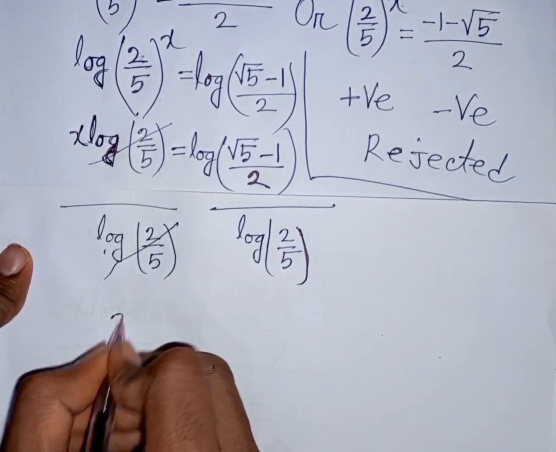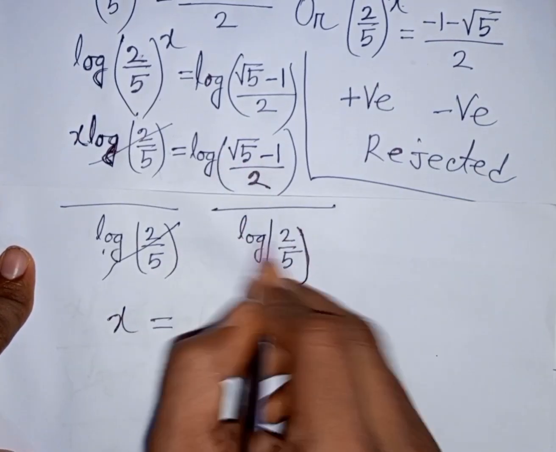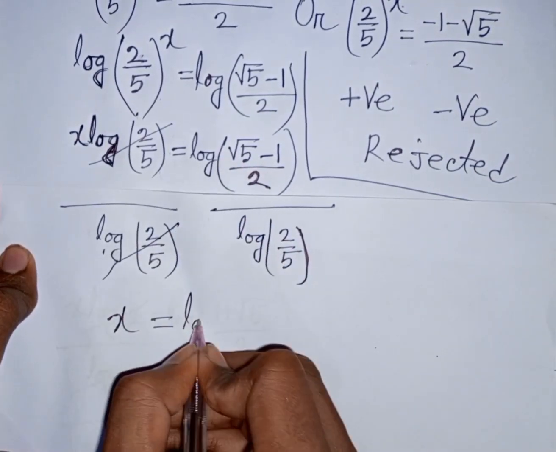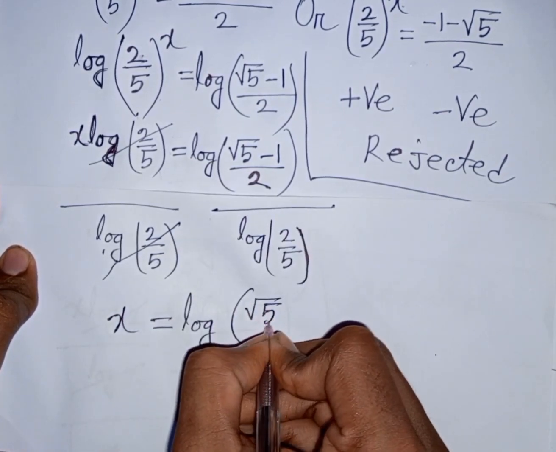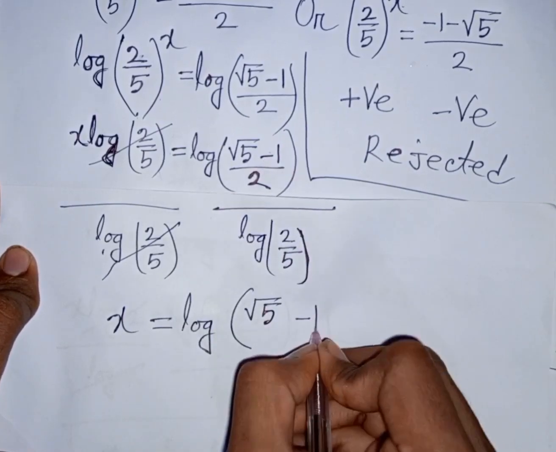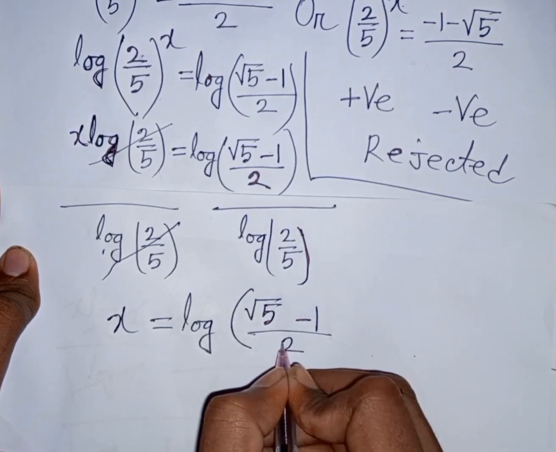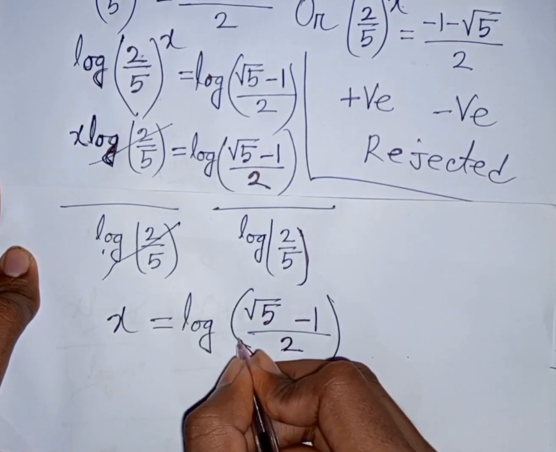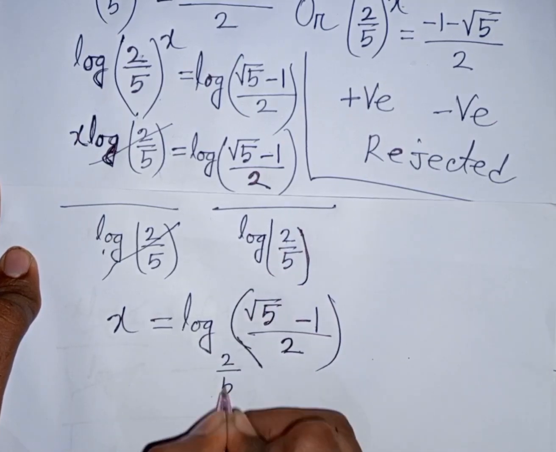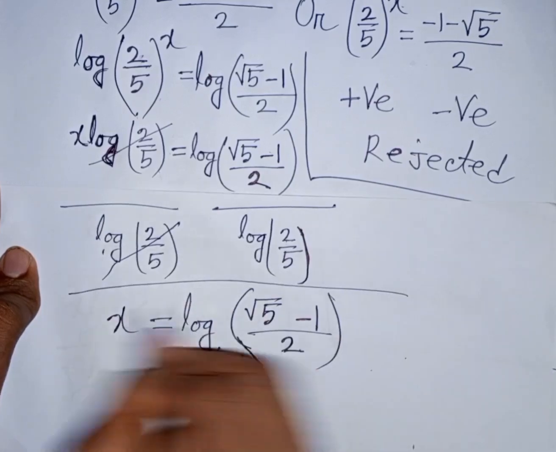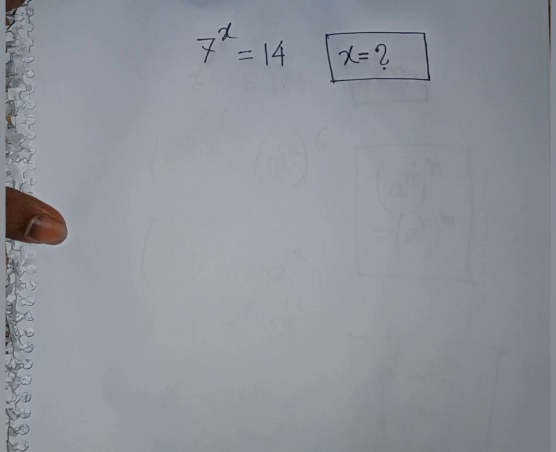So here x will be equal to this divided by this, that means it will be log of square root of 5 minus 1 over 2, base of 2 by 5. So this is the value of x, so this is our final answer.